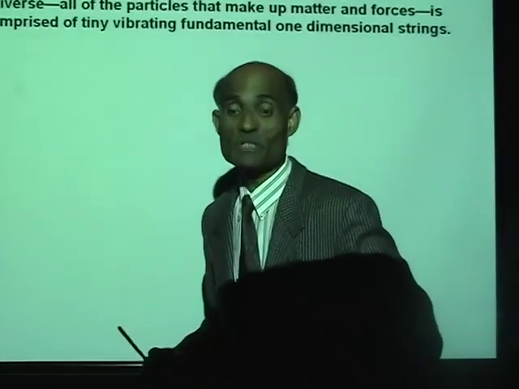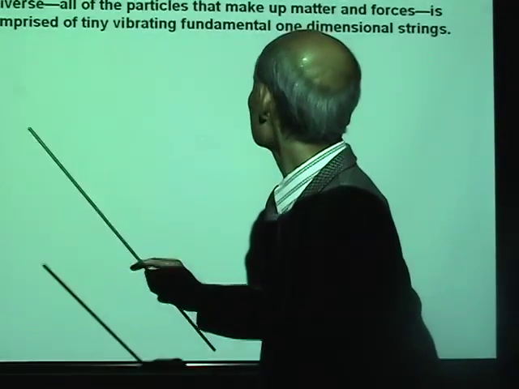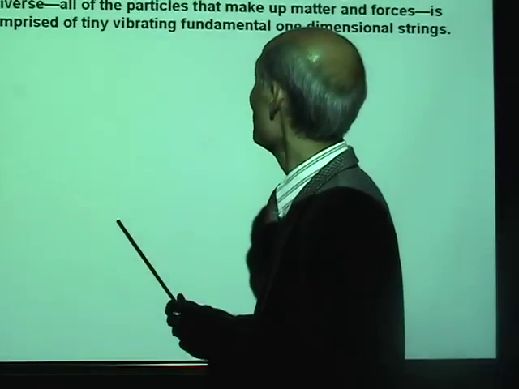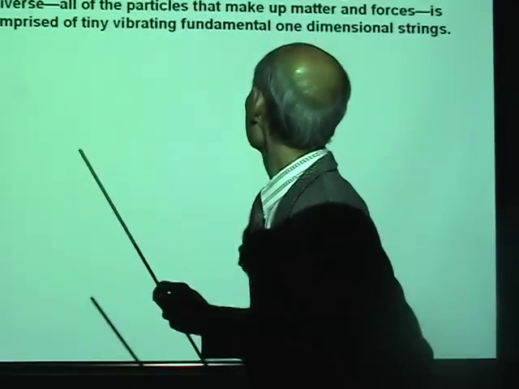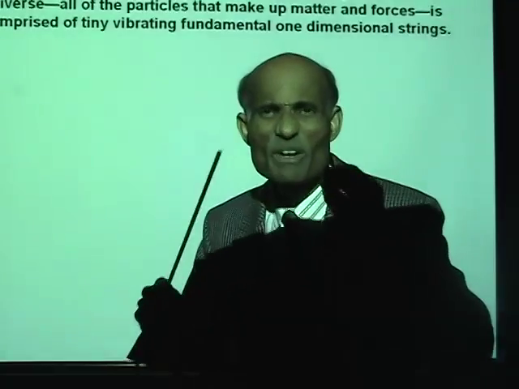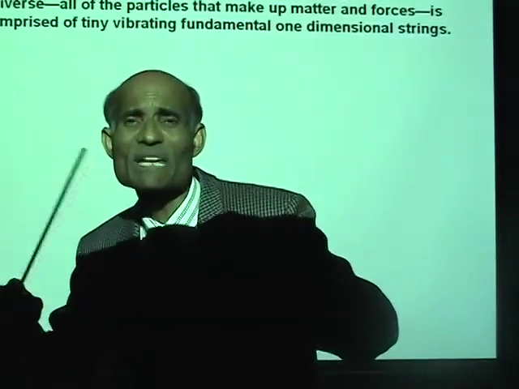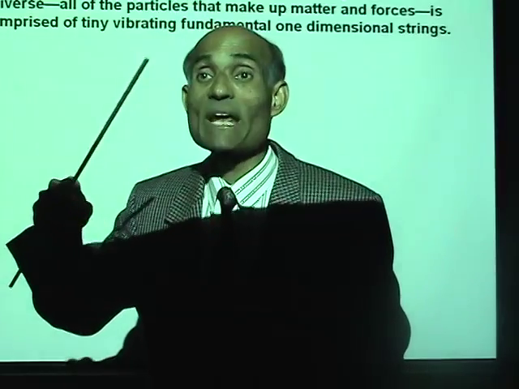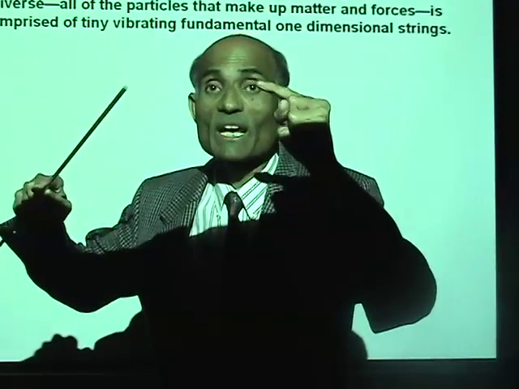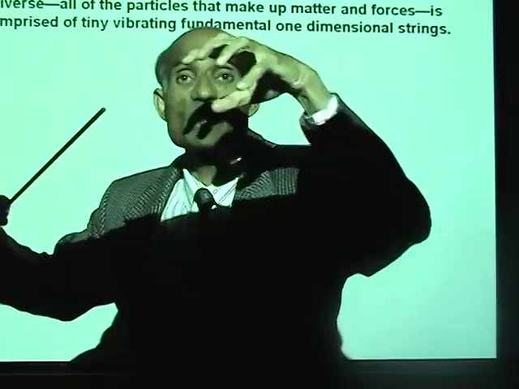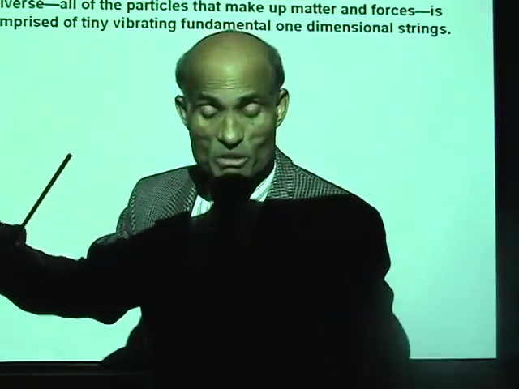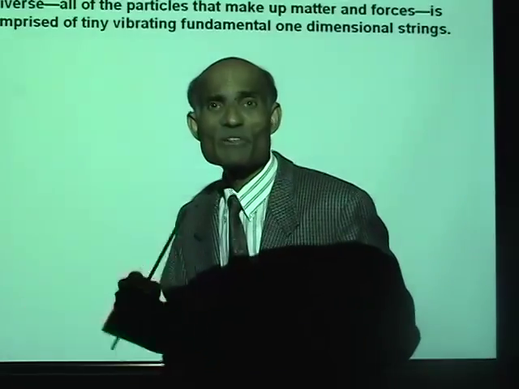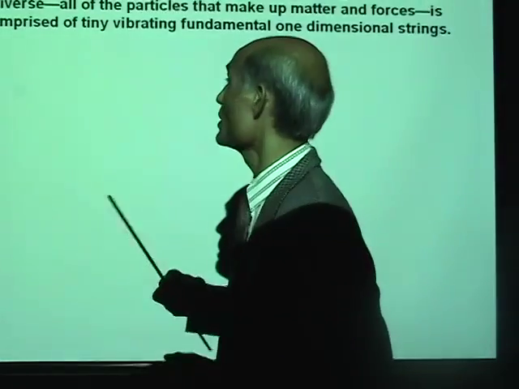According to string theory, absolutely everything in the universe is comprised of very tiny vibrating particles. I have shown you how a stretched string vibrates, producing nodes and antinodes. This is basically what the fundamental string does.